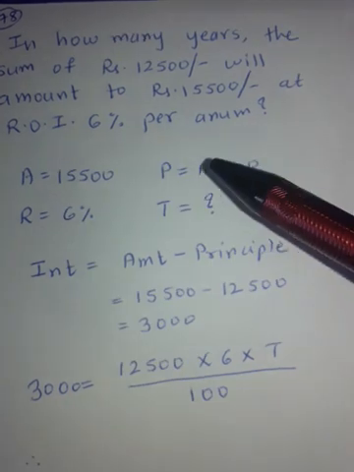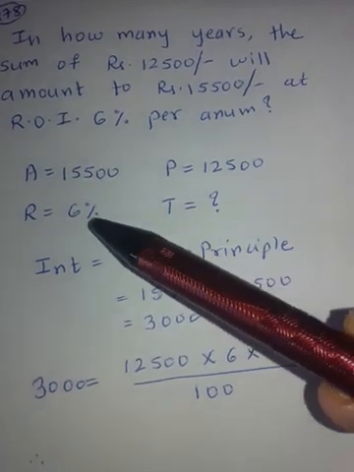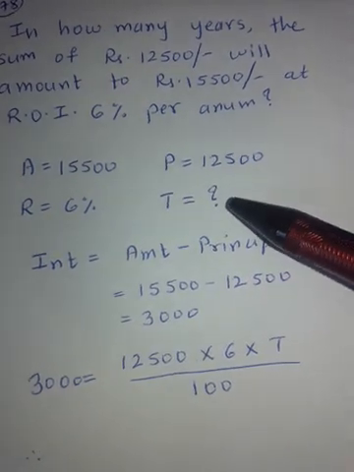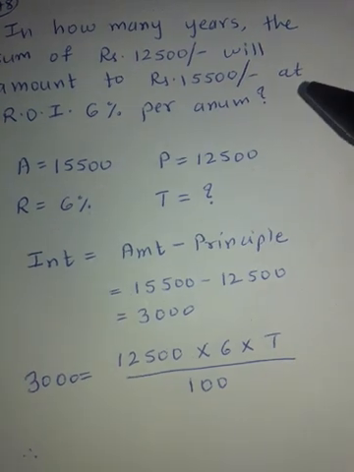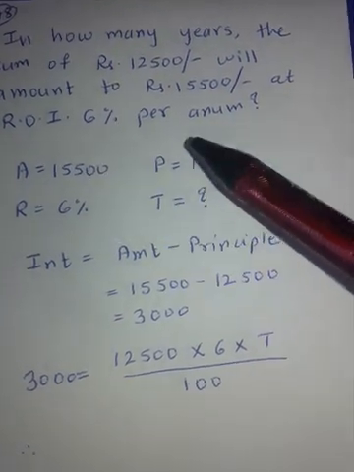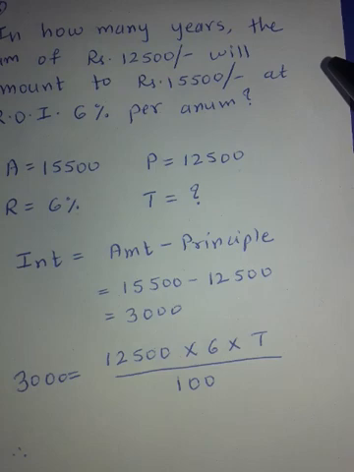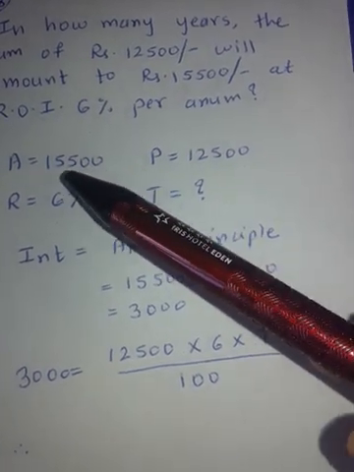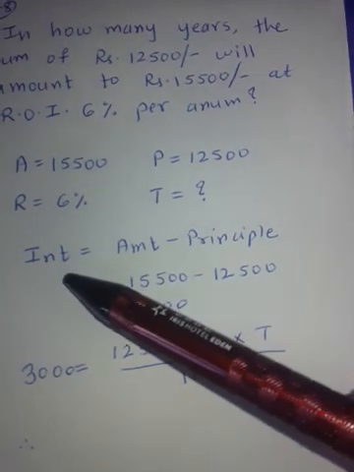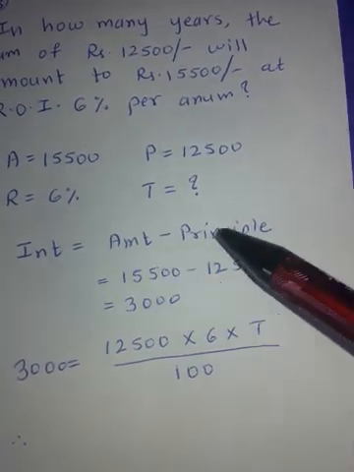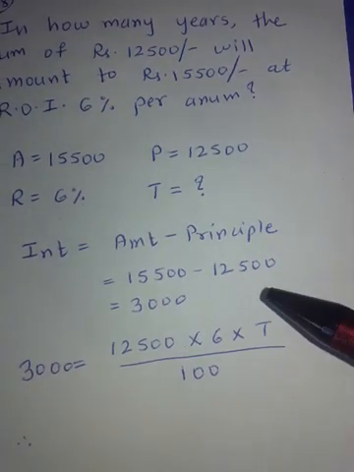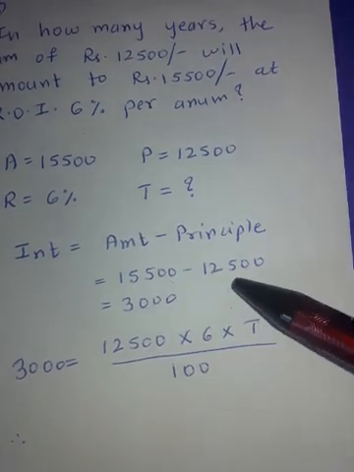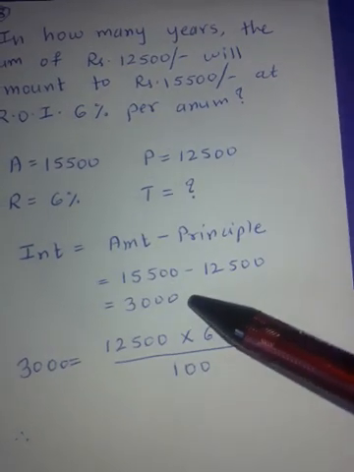Amount is given, principal is given, R is given, and the period is the question. Now from amount and principal, can I find the interest? See, 12,500 has become 15,500, so their difference is going to be the interest, amount minus principal. We already saw that formula. So 15,500 minus 12,500 is 3,000.